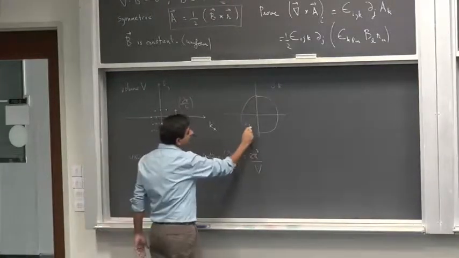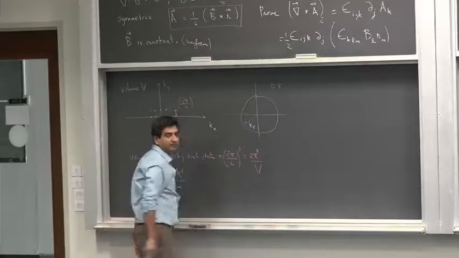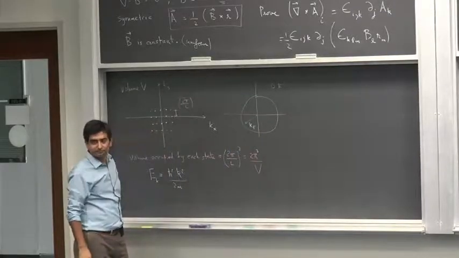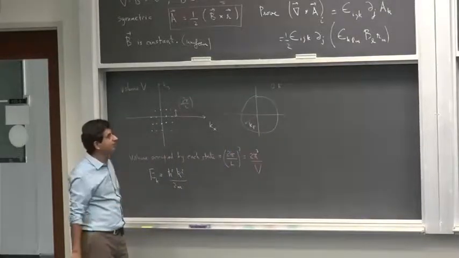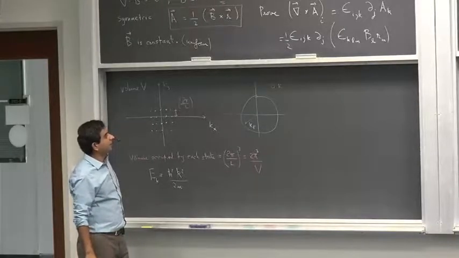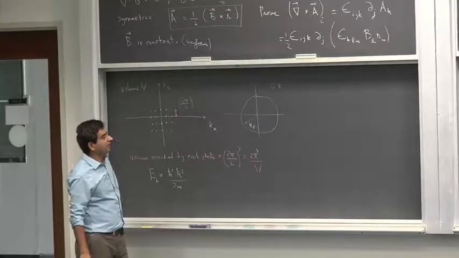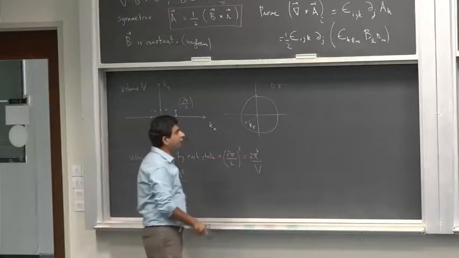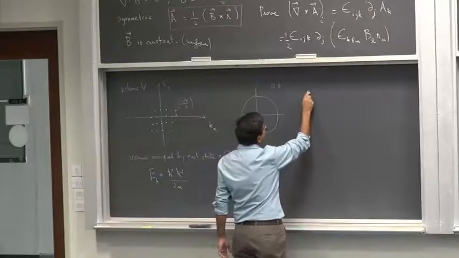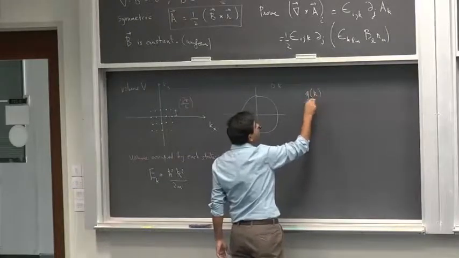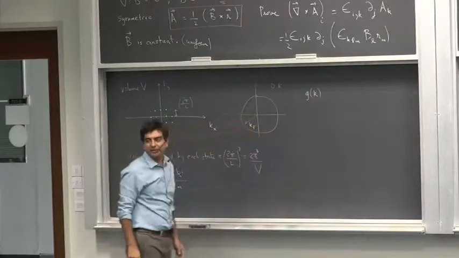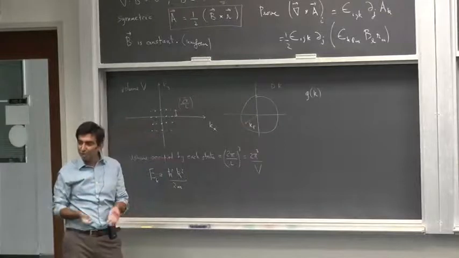So the length of this vector is called the Fermi vector. Okay? So now what we need to do is find out the density of states. Let's find out Gk. This is the density of states in the k space. How many k states exist in some volume of k space?